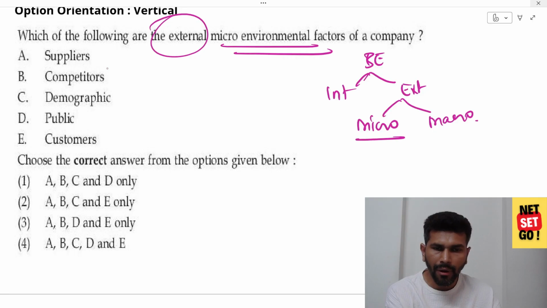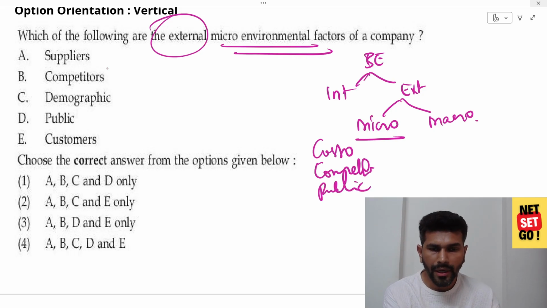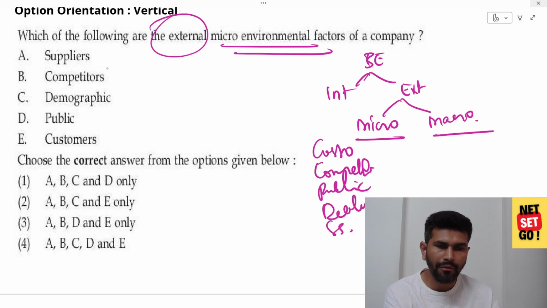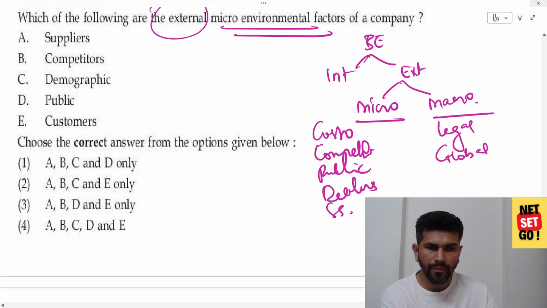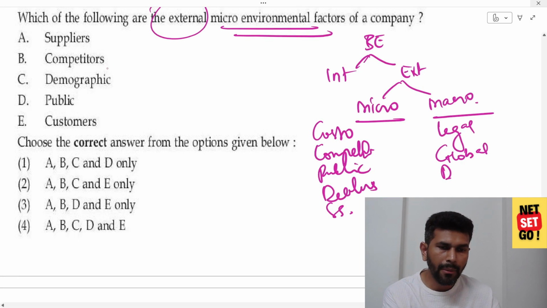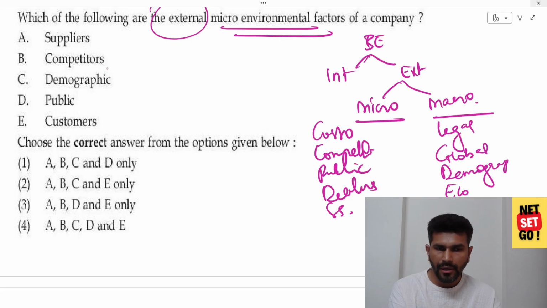Micro environmental factors are customers, competitors, general public, then dealers, suppliers, etc. Macro environmental factors are legal environment, global environment, then demographic environment, economical, political, socio-cultural, all these are macro environment.